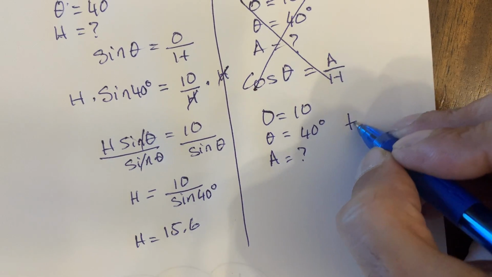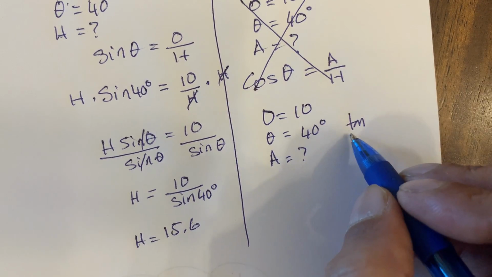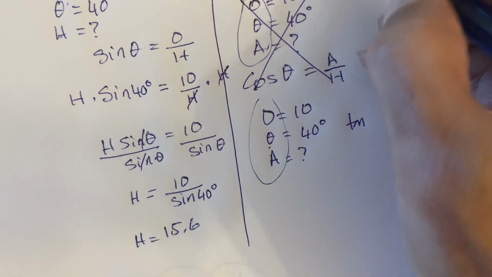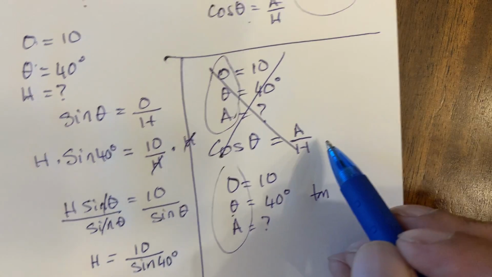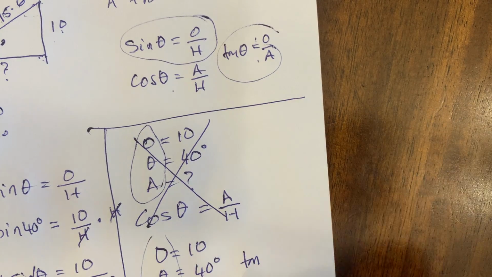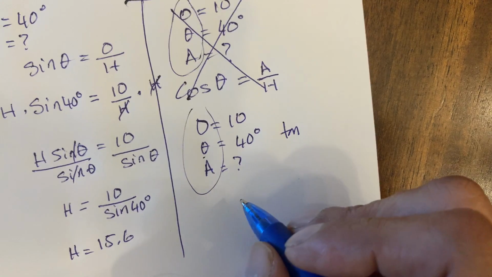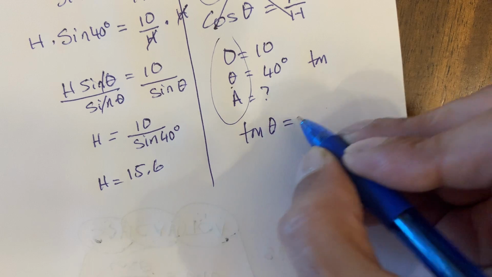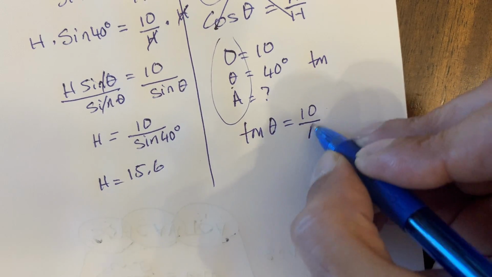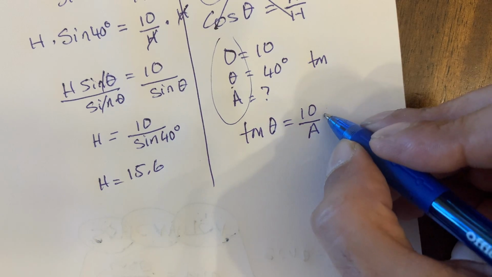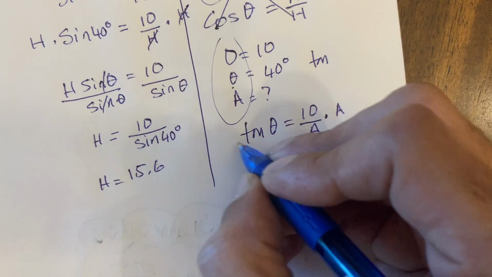And so I need to use the tangent, because the tangent is what connects the opposite and the adjacent together. Right up there. Tangent is what connects them. So I'm going to write here tangent of theta equals 10 over adjacent. And so now to find the adjacent, I'm going to multiply both sides by adjacent.